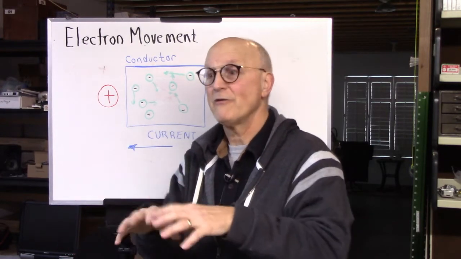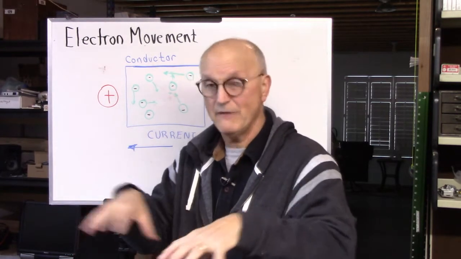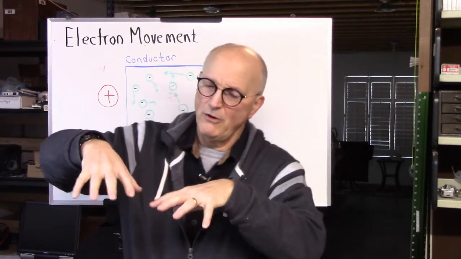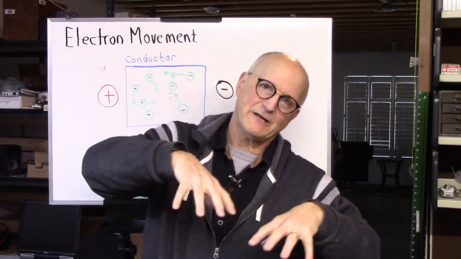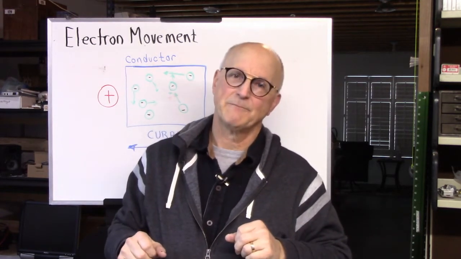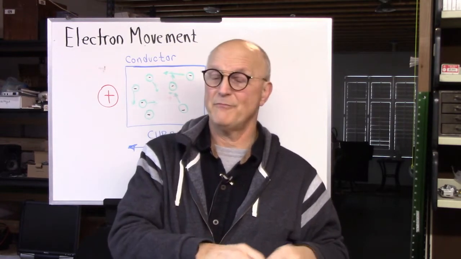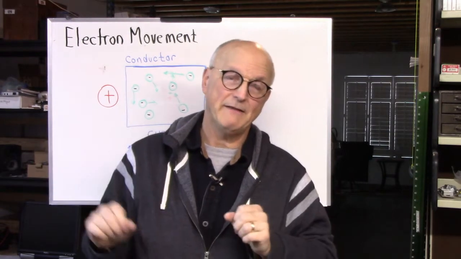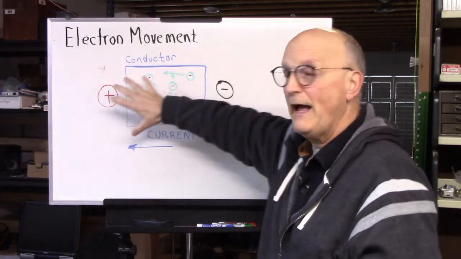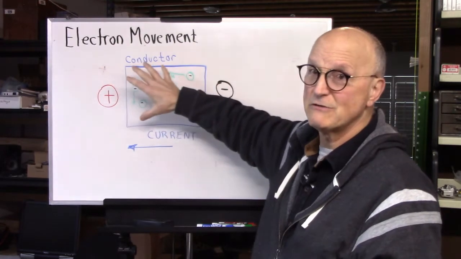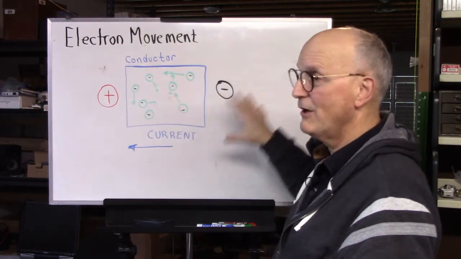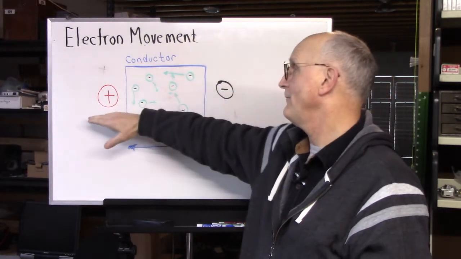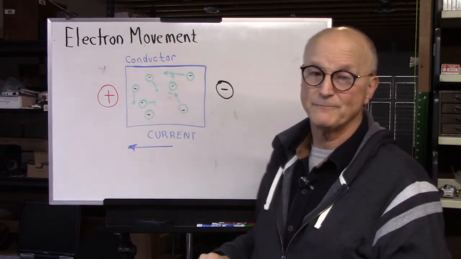Now the marbles, while they're still going to be moving around in a very random fashion in this box, you're going to see the general movement of all of these electrons toward one end of the box. And as they gather at one end of the box, we take them out, put them up on the other end, and they're going to keep moving. And that's kind of the picture of how current flows through a wire, how the electrons move around in a conductor under the influence of the electric field.